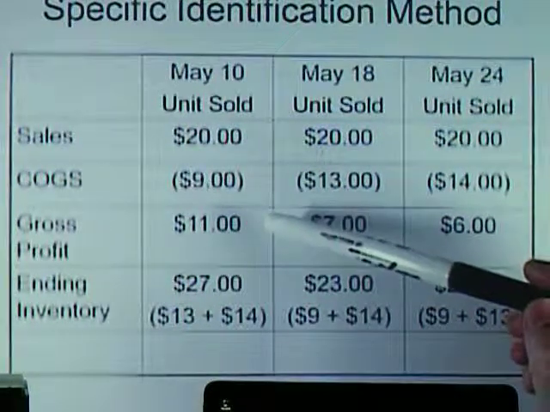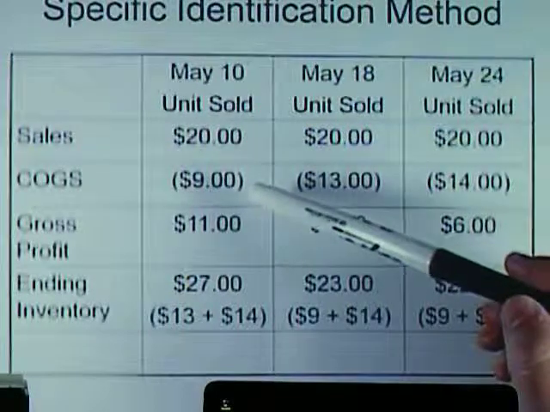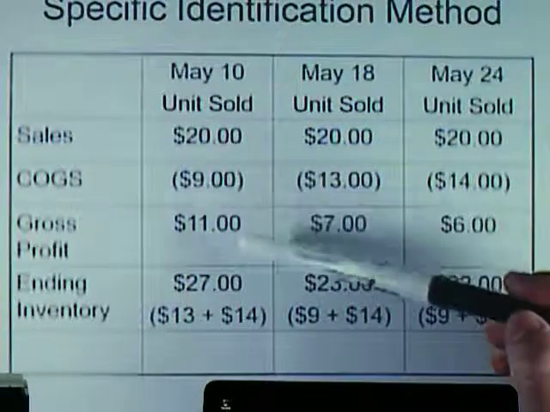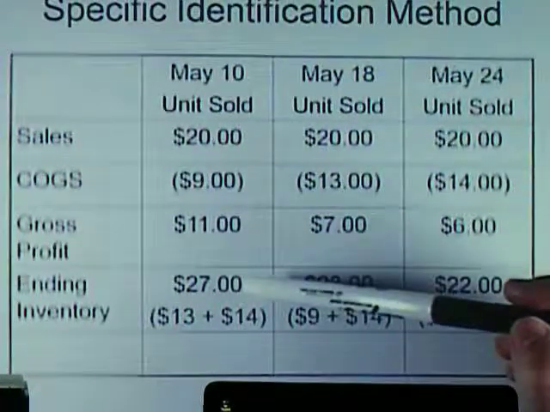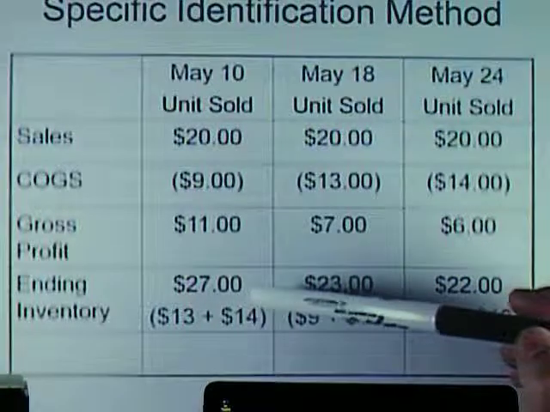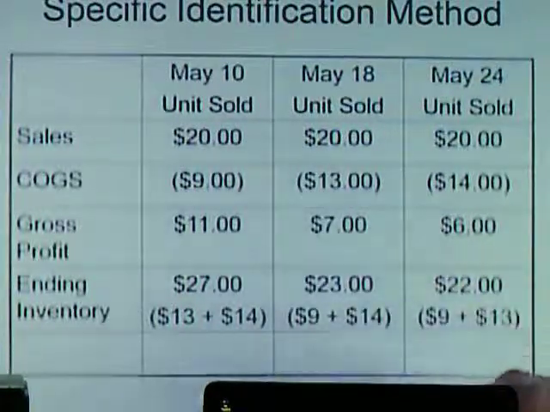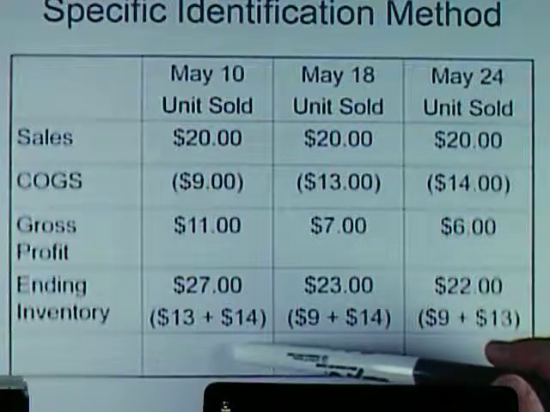Okay, but we're going to take this a step further. We now know where the cost of goods sold came from because we know that's how much that unit cost us. The gross profit is the difference between sales and cost of goods sold. And what we now have is our ending inventory. Ending inventory value is $27 because we have left the $13 unit and the $14 unit.